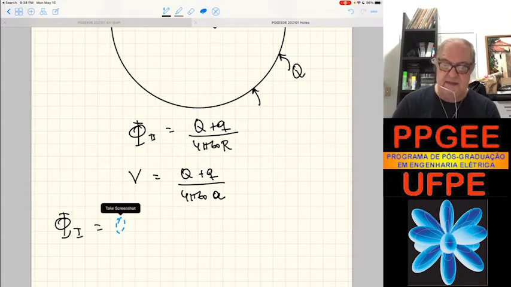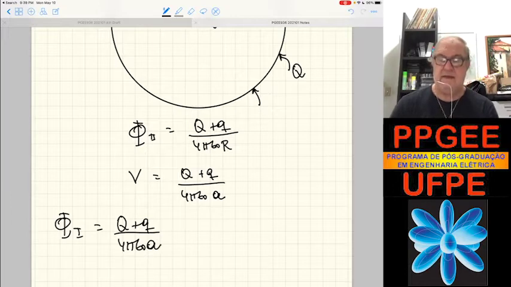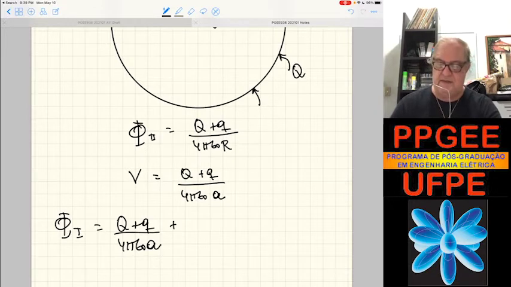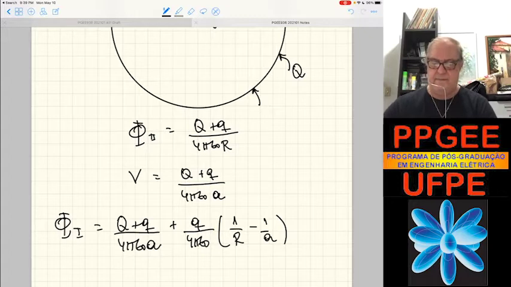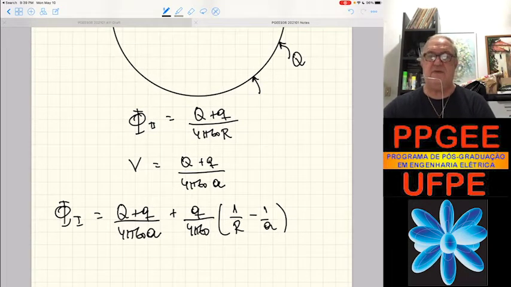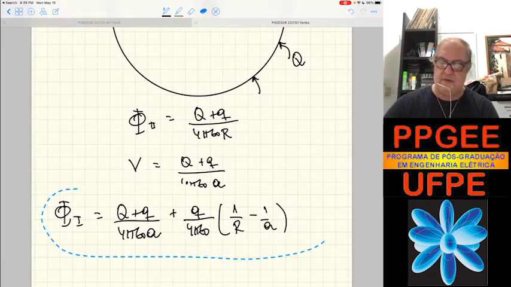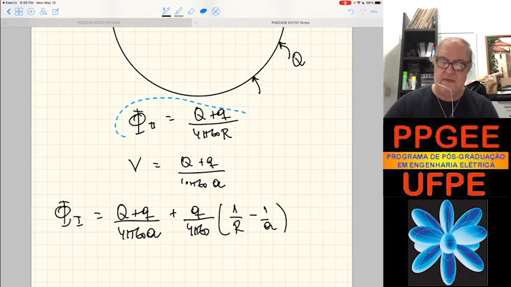So it's going to be this term here, plus that solution that gives us 0 potential, which is q over 4 pi epsilon 0 times 1 over R minus 1 over A, right? So that's the final solution inside. That's the solution inside. That's the solution outside.